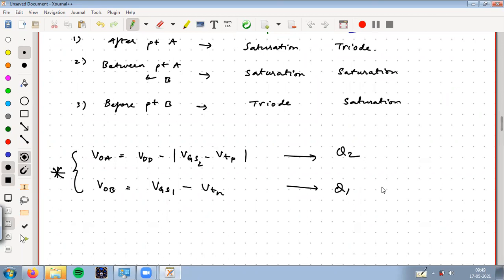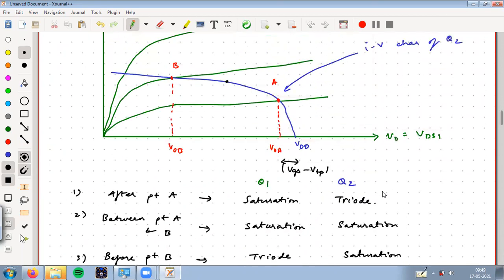I'll repeat again. VOA is the corresponding voltage of point A on the x-axis. The x-axis is anyway V naught, so I'll call it V naught A. The corresponding point for B is V naught B. Remember, point B and point A are transiting points between triode and saturation region for your respective Q1 and Q2.